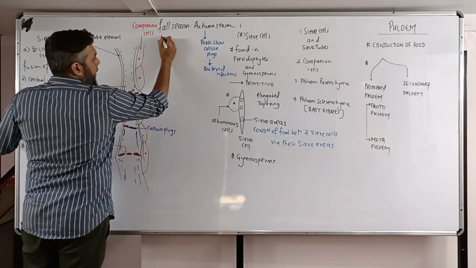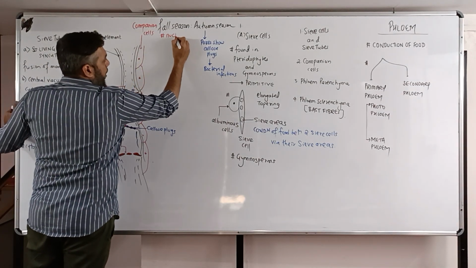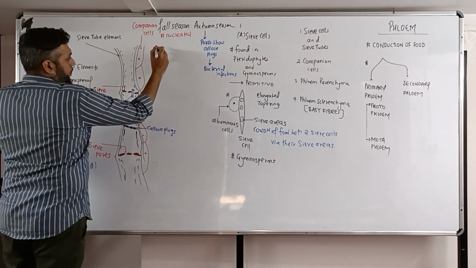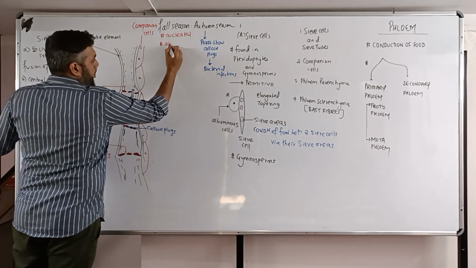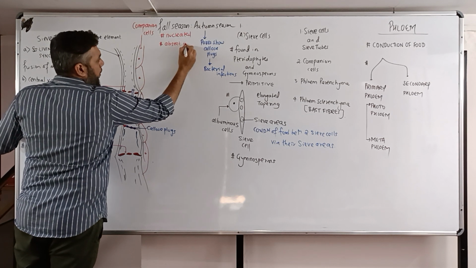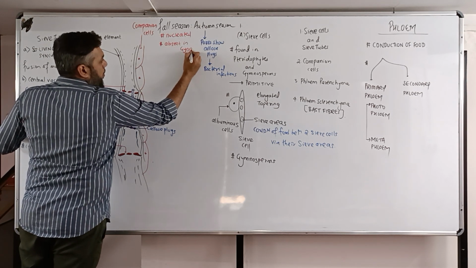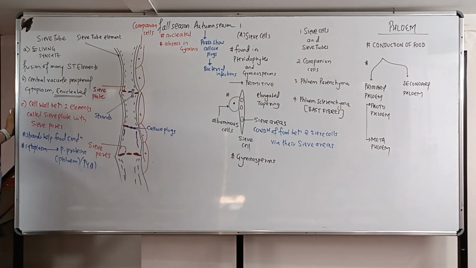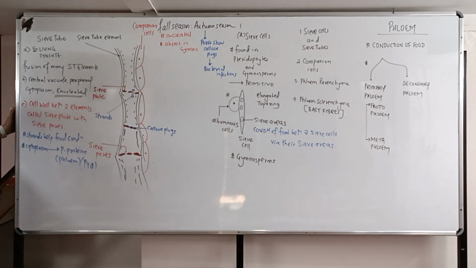So companion cells are enucleated or nucleated? Nucleated. And they are absent in gymnosperms. Companion cells are absent in gymnosperms. Got it, everybody?